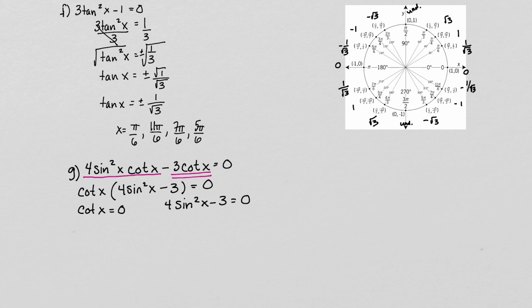When you flip something that's undefined in terms of the tangent, the cotangent turns out to be defined. So the cotangent is actually going to be 0 at these two places where the tangent is undefined, because the cotangent is x divided by y. So 0 divided by 1 is 0. 0 divided by negative 1 is 0. So the places the cotangent is 0 is when x is equal to pi over 2 or x is equal to 3 pi over 2.